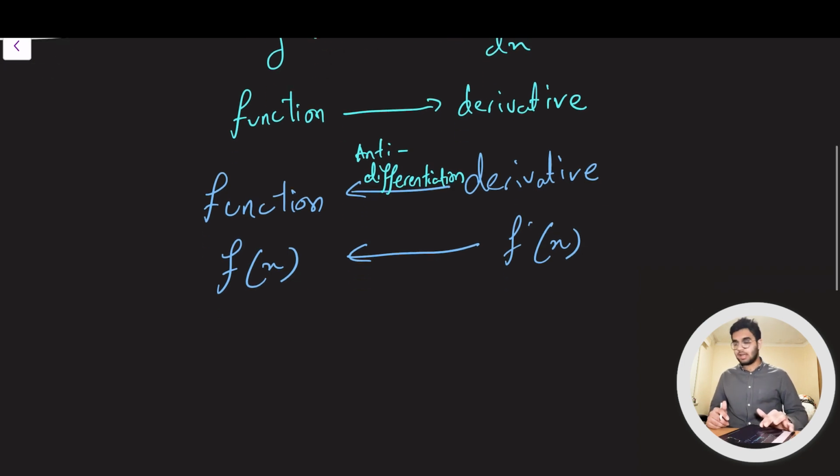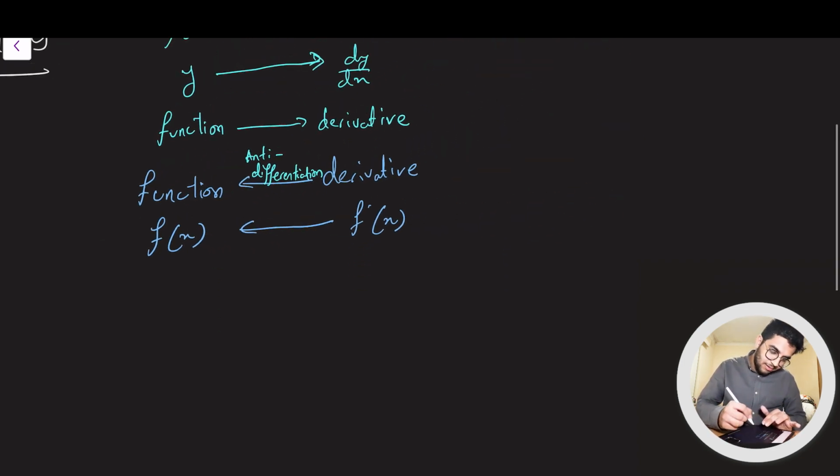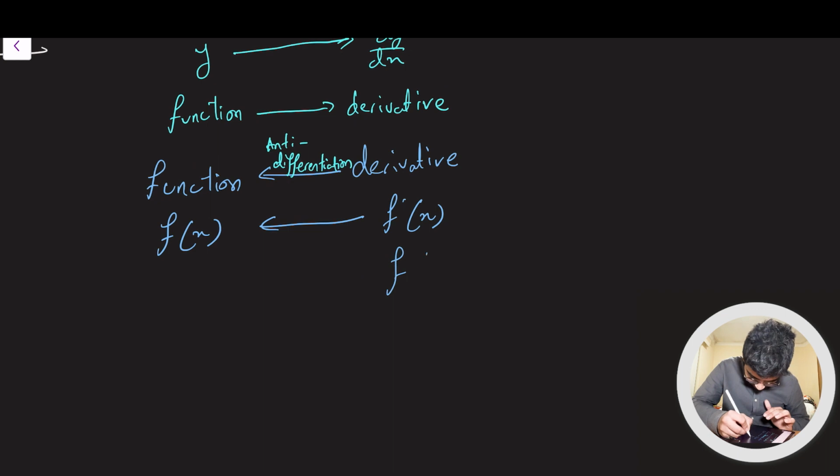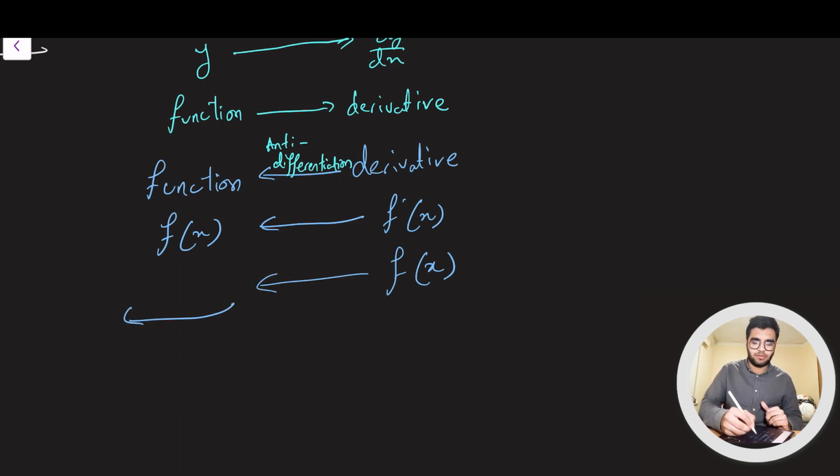What if the function you want to find the antiderivative of is not a derivative function? Then what do you call this? Because if you had a derivative, you just write it like that. How do you notate it? Well, you call it the antiderivative first of all, and you notate it in this manner.